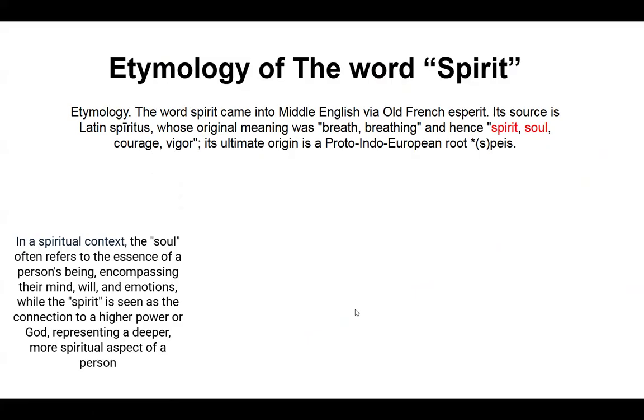Its source is Latin spiritus, whose original meaning was breath or breathing. Hence the word spirit, soul, courage, vigor. Its ultimate origin is a Proto-Indo-European root. In a spiritual context, the soul.